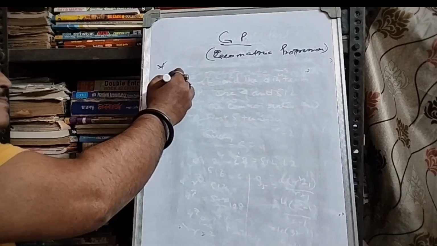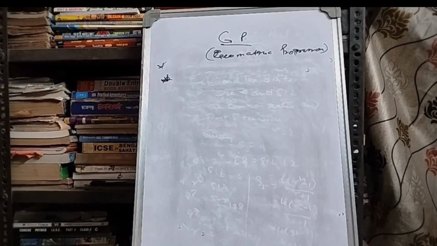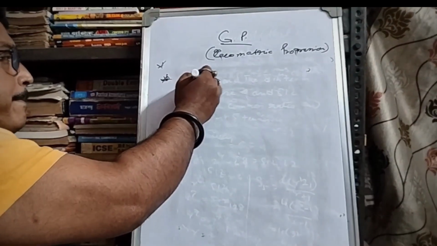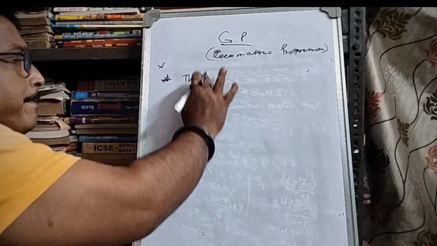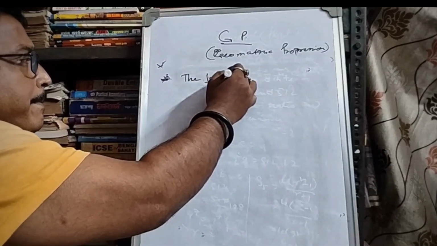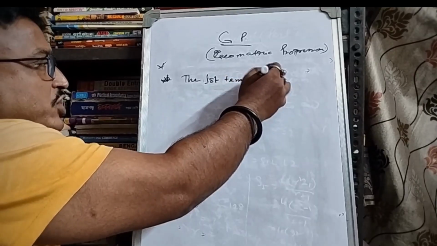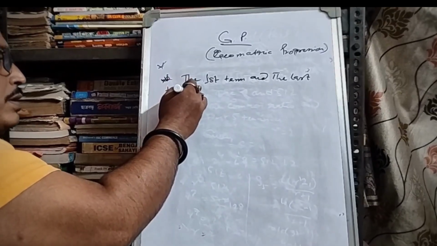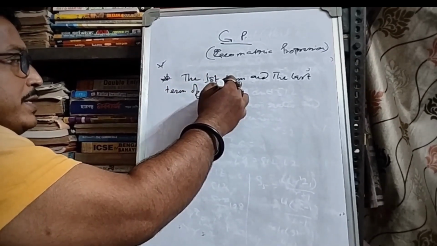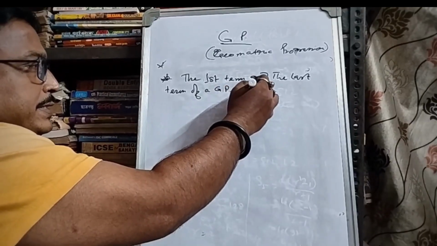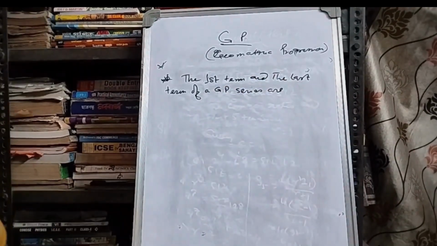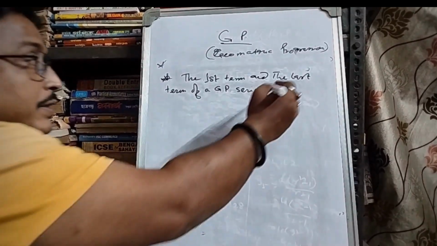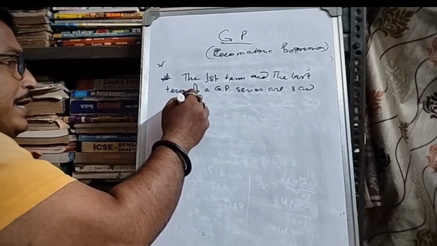Now the last problem. The first term and the last term of a GP series are 3 and 96.